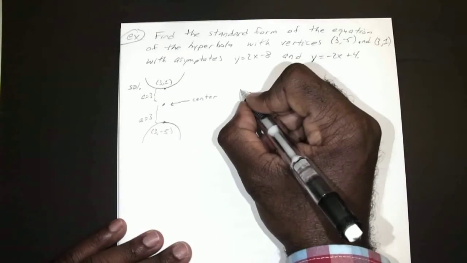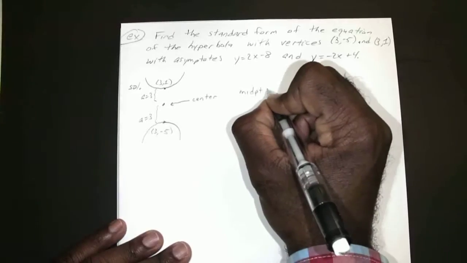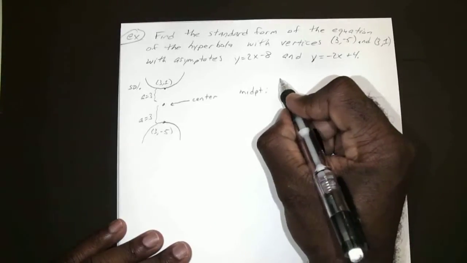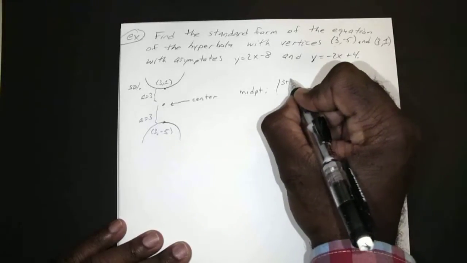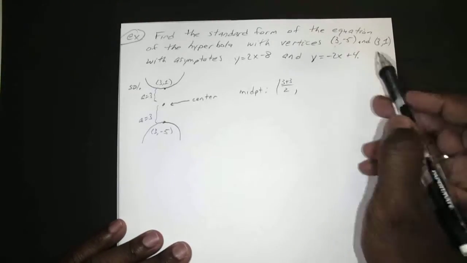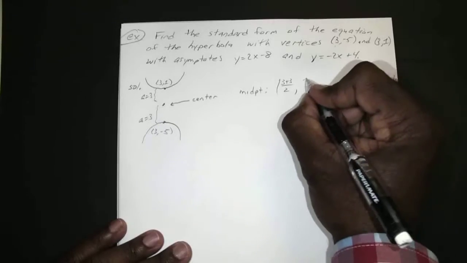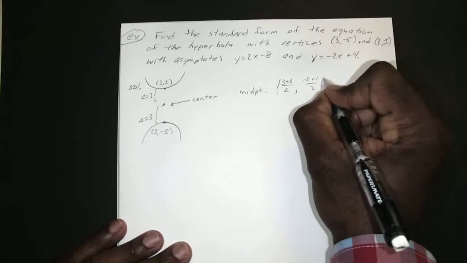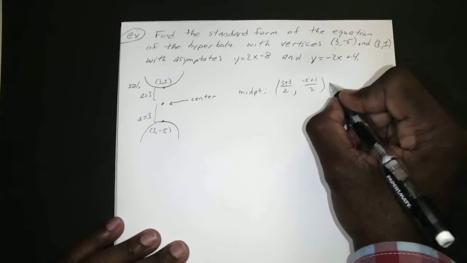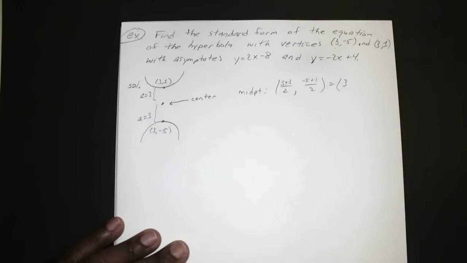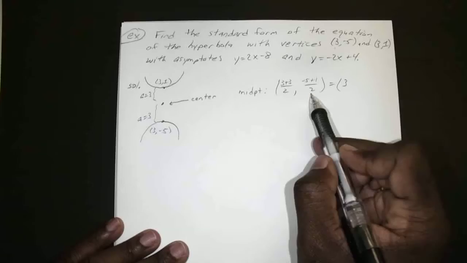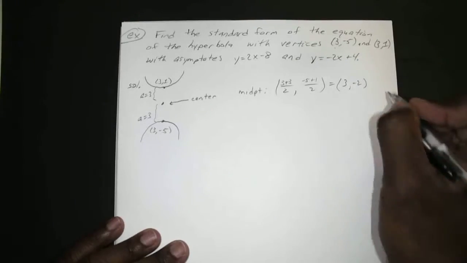Or like I said, if you want to use the midpoint, remember (x1 plus x2) divided by 2, and (y1 plus y2) divided by 2. Which gives you 6 divided by 2, which is 3, and -4 divided by 2, which is -2.